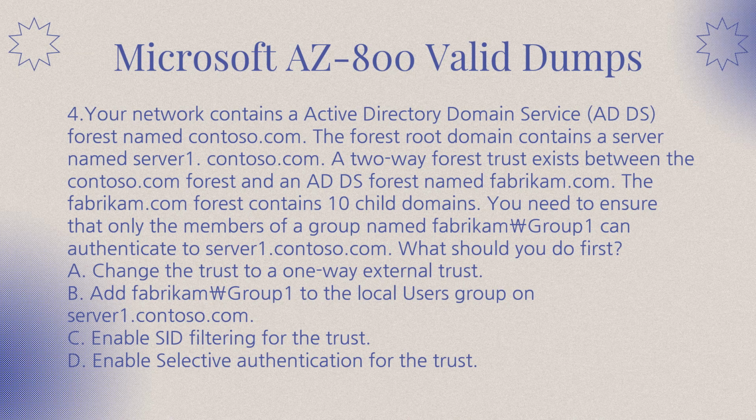You need to ensure that only the members of a group named Fabrikam Group1 can authenticate to Server1.contoso.com. What should you do first? A. Change the trust to a one-way external trust. B. Add Fabrikam Group1 to the local Users group on Server1.contoso.com. C. Enable SID filtering for the trust. D. Enable selective authentication for the trust.